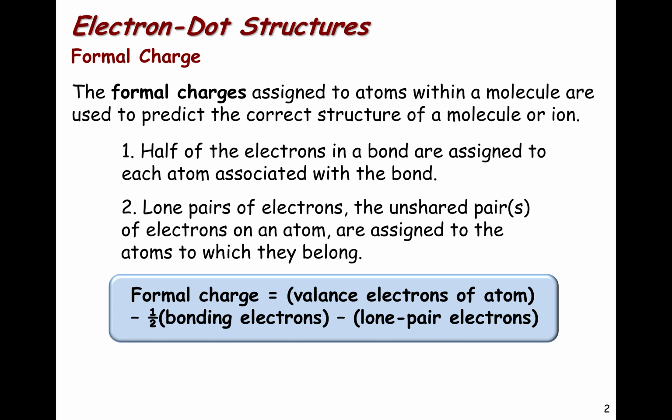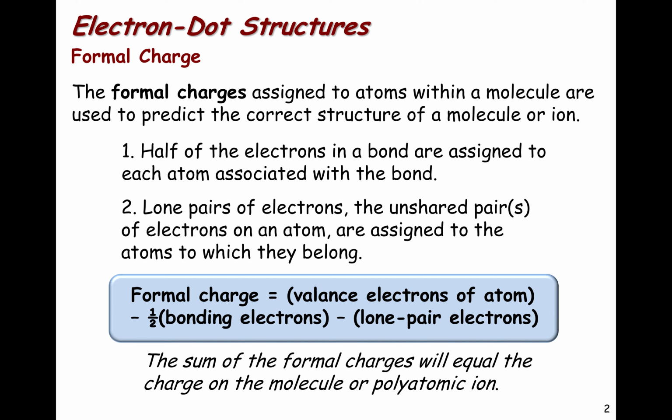In addition to subtracting those electrons, we're going to subtract away all of the lone pair electrons. If this is performed, the resulting positive or possibly negative values are going to tell us something about the so-called formal charge. In the case of a polyatomic ion, the sum of all the formal charges has to add up to the overall charge of that particular ion.